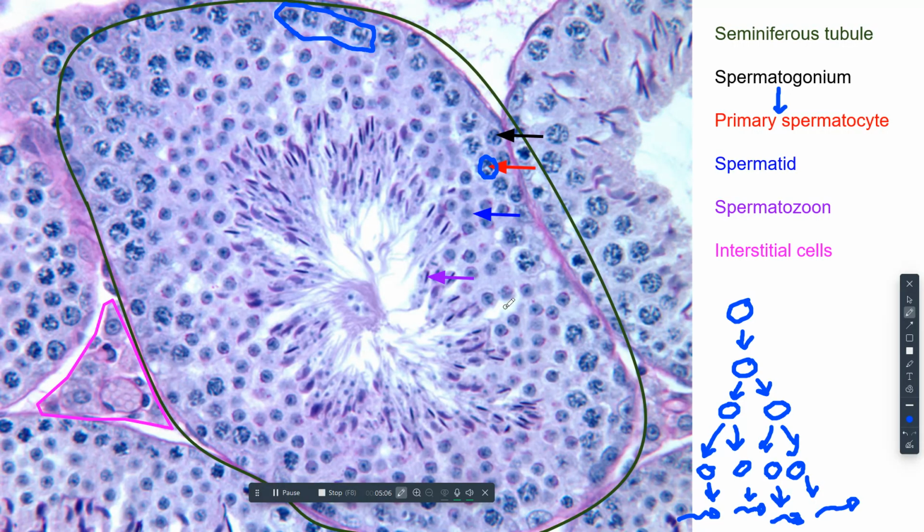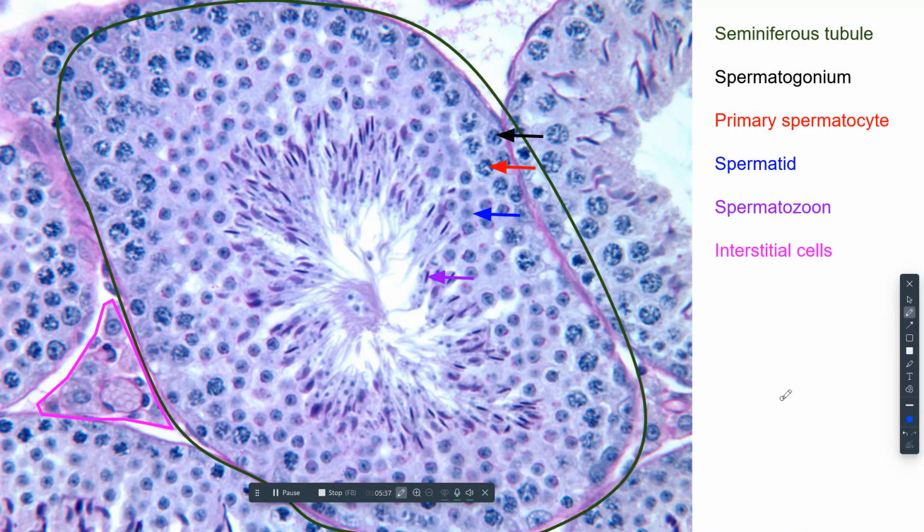A good rule of thumb here is, once you're past the two outer layers, anything else in here that looks like a normal regular cell is going to be a spermatid. And then all of these guys with their flattened nuclei and their tails or flagella extending inward, these guys are all the sperm cells or spermatozoa.